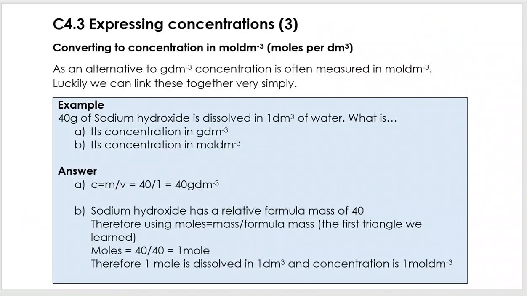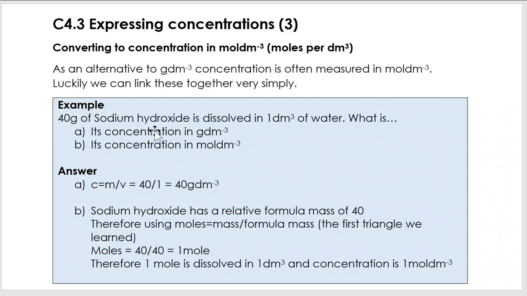Now, there is a really important distinction to make here, because we're also going to look at some examples where instead of concentration is in grams per decimetre cubed, it's in moles per decimetre cubed. But there's a really easy conversion between them. Because if I know, for example, the mass of sodium hydroxide, 40 grams of sodium hydroxide, and I know its MR, sodium 23, oxygen 16, hydrogen 1, sodium hydroxide has an MR of 40.